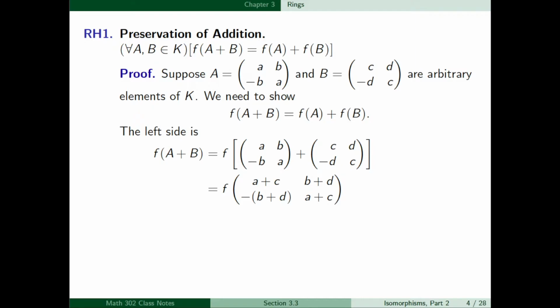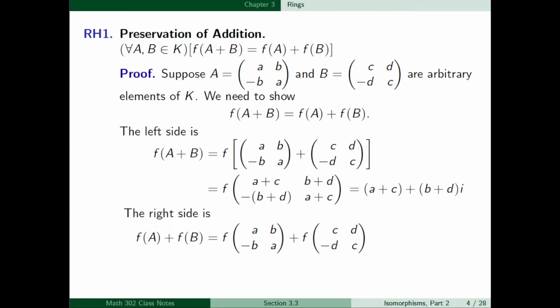So with entries a + c on the diagonal and b + d and -(b + d) on the off diagonal. And according to the definition of f, this is equal to a + c plus the quantity b + d times i.